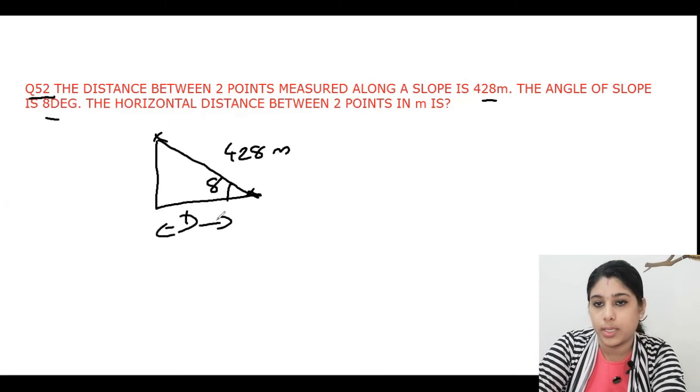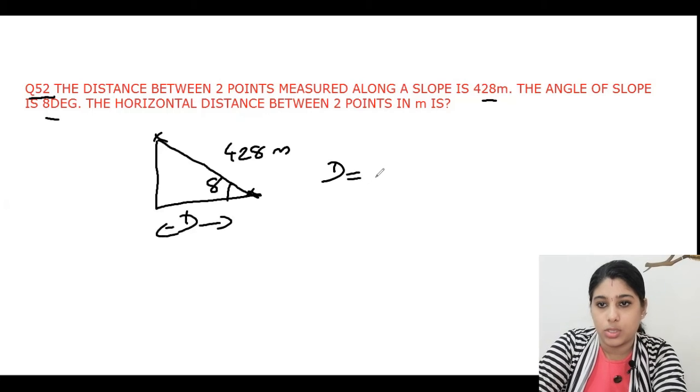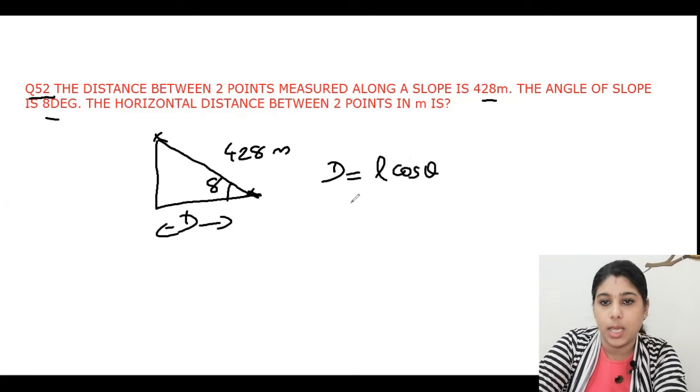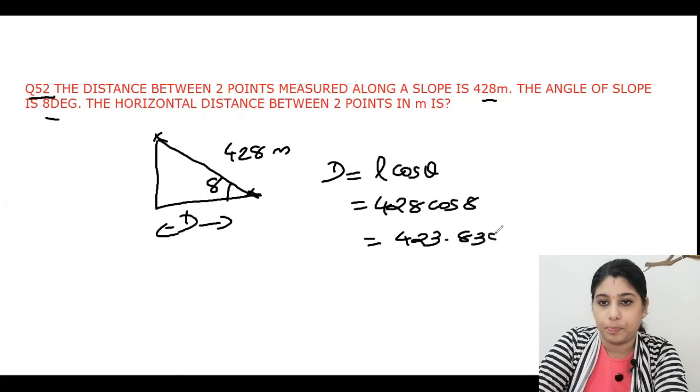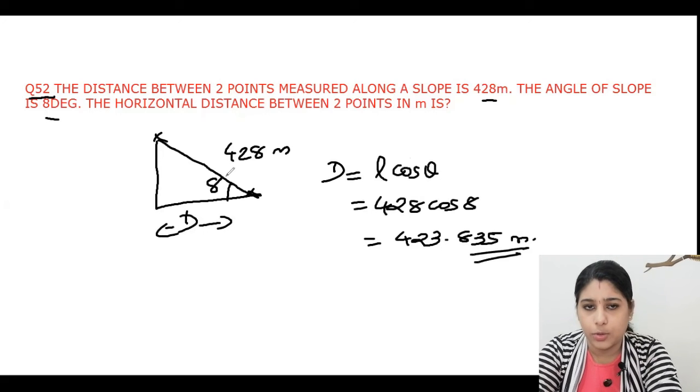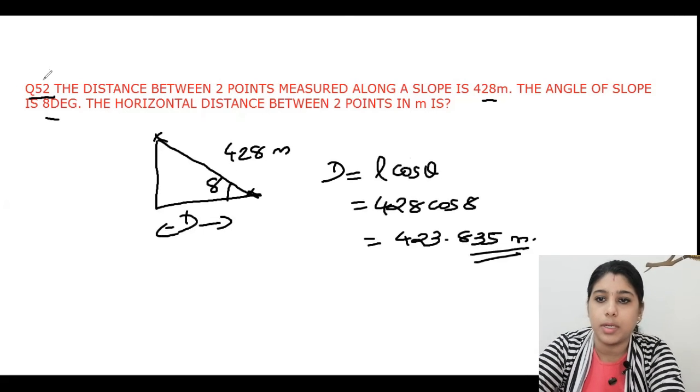So d is equal to L cos theta, that is 428 cos 8. When you do it in the calculator, you will get the answer 423.835 meter.